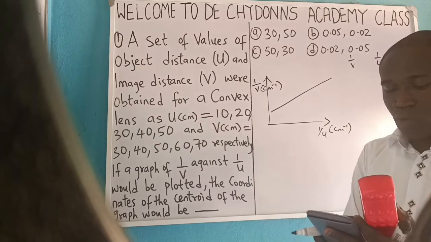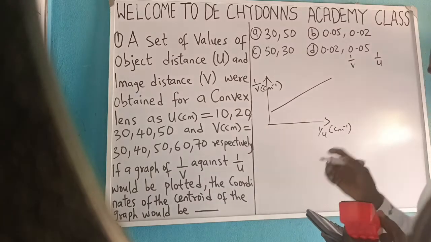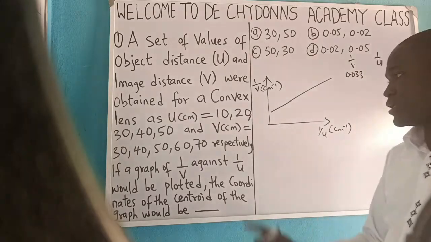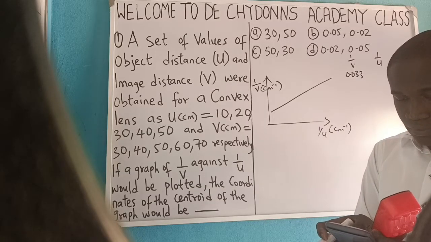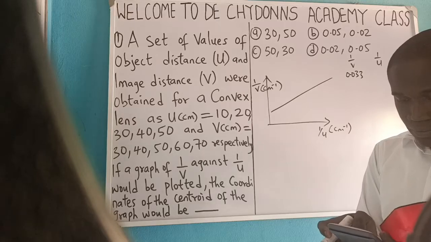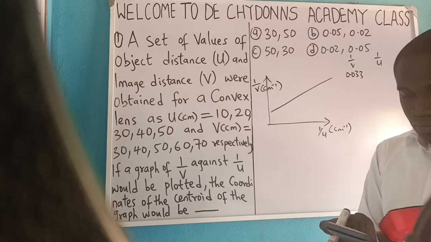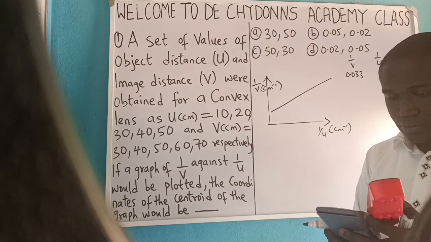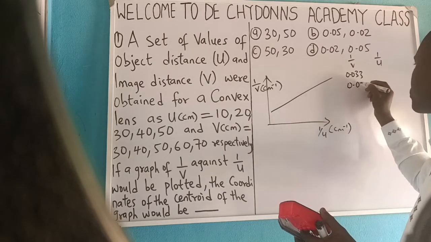You use your calculator, 1 over 30, you have 0.033. You check 1 over 40, 0.025.